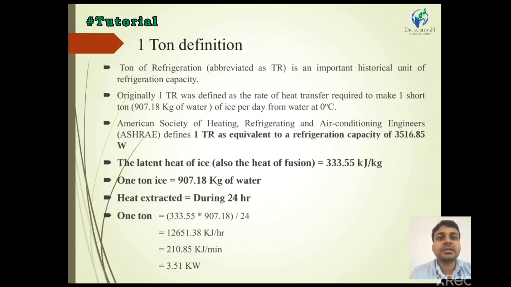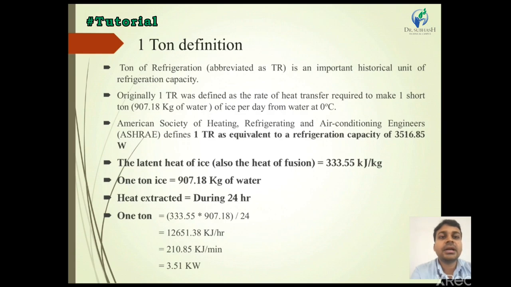In our basic terms, 0 centigrade water is frozen during a 24-hour duration in a day. We convert 0 centigrade liquid to 0 centigrade ice, and we have to remove heat from that. That is the capacity of 1 ton refrigeration.